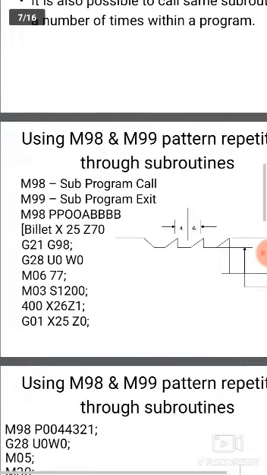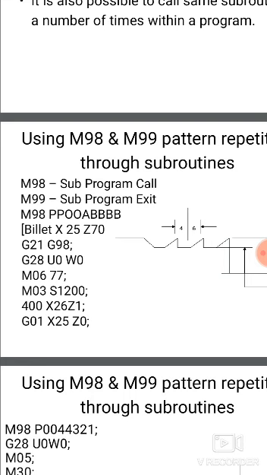M98 means subprogram call, M99 means subprogram exit, so that finishes the subprogram and we come back out to the main program. M98 with program ABC, some letters, that is billet, x-axis, y-axis. Next G21, G98, where 98 means subprogram call.